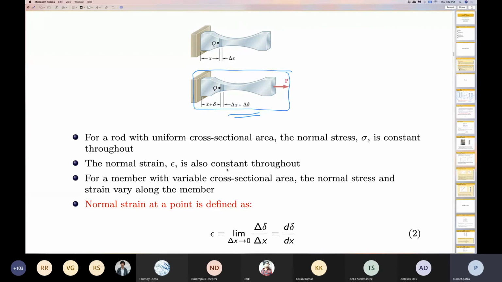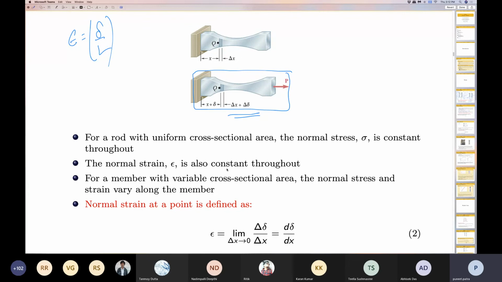In such a situation, I will not be able to define epsilon to be equal to delta by L, because my strain is a quantity, just like stress, that can be defined at each point, and defining strain like this, delta by L, is only correct if the bar has a uniform cross-sectional area.